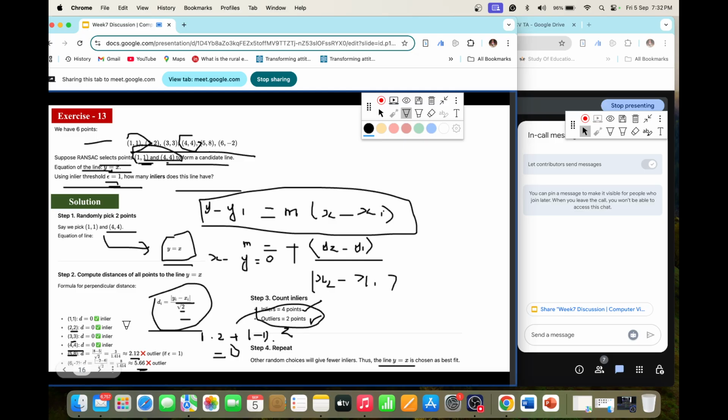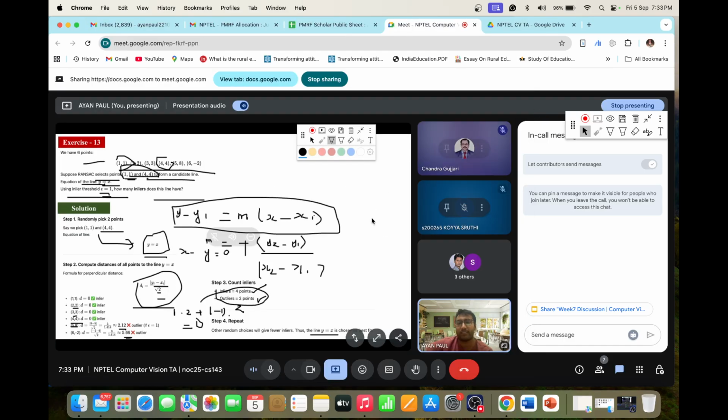If your distance is lesser than the threshold, then it is an inlier. If it is greater than the threshold, then it is an outlier. Okay, so this is the concept. Is it clear? Yeah, clear, right? Okay, nice.